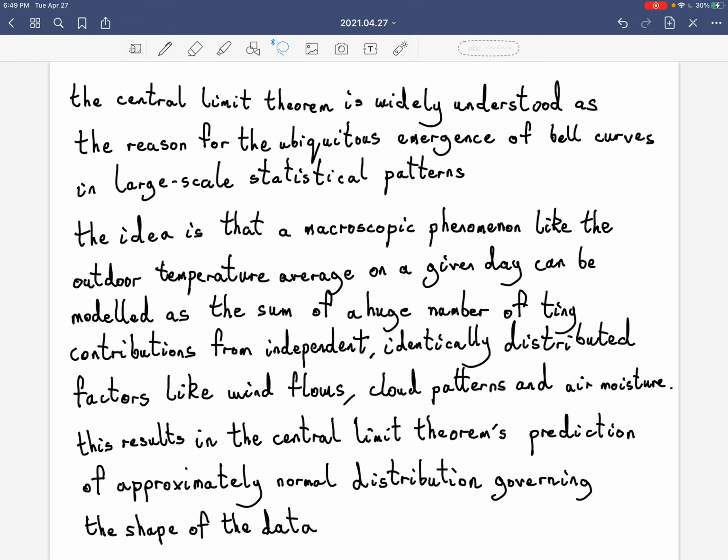But in a broader sense, it can be thought of as kind of enforcing a geometry of data, whereby if you have a lot of numbers that are produced by sums of independent random processes, when you visualize this, pretty much any reasonable visualization will look like a normal distribution or a higher dimensional normal distribution.